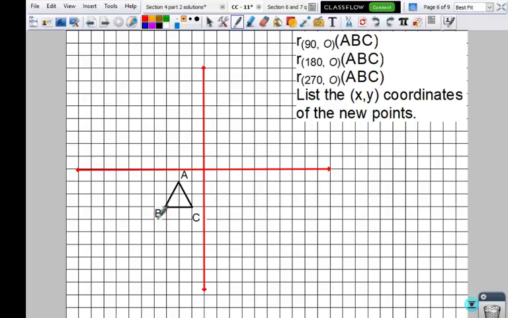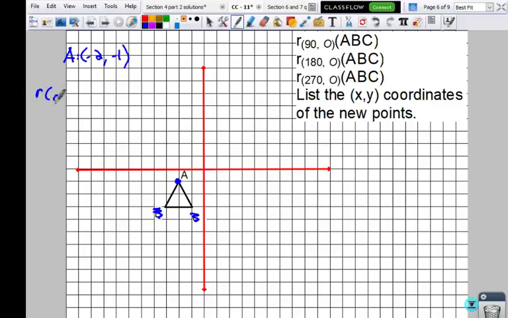We are still going to do all 3 rotations, but we're only going to do point A, which is right here. So we're not going to rotate the whole triangle, just point A. Point A is at -2, -1, right? Yeah. So we're going to start by doing our 90-degree rotation.